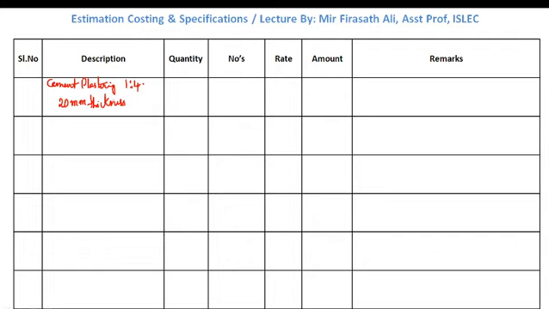What is our wet volume? Wet volume is equal to 1.2 meter cube, whereas dry volume is about 1.8 meter cube. Okay, 1.2 meter cube plus 25% excess.